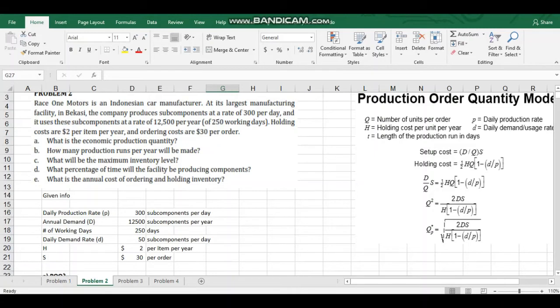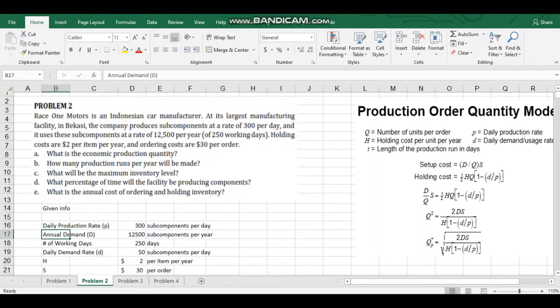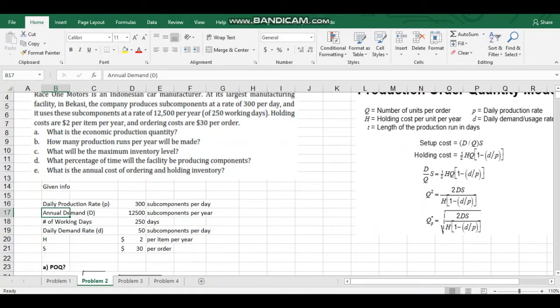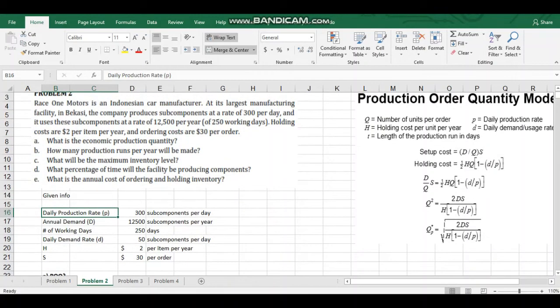So the first one, let's answer the question. By the way, we have to write down the info given to make it easier. The first one is the daily production rate, which is 300 subcomponents per day, and the annual demand is 12,500 subcomponents. It should not be per year.